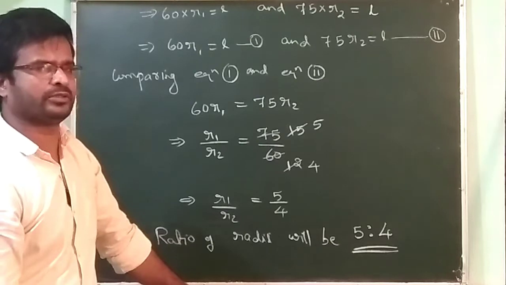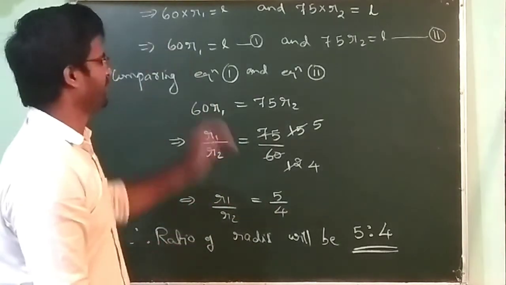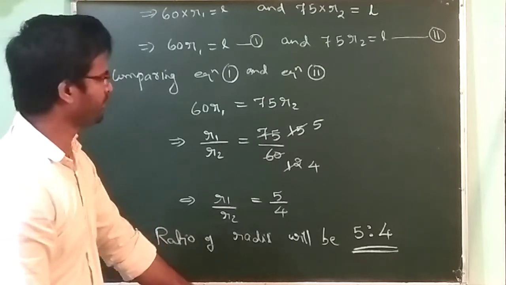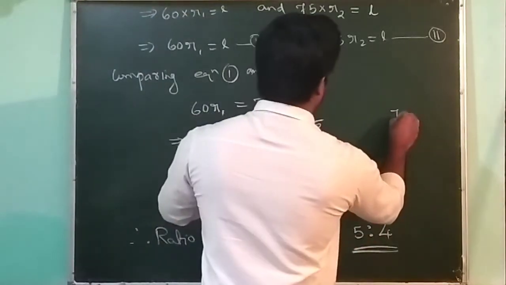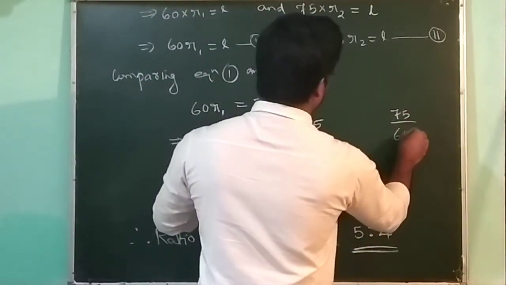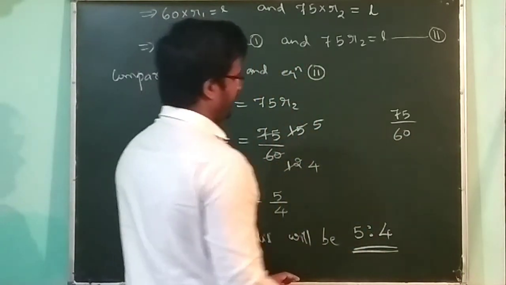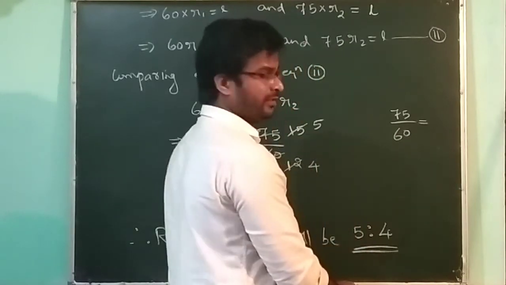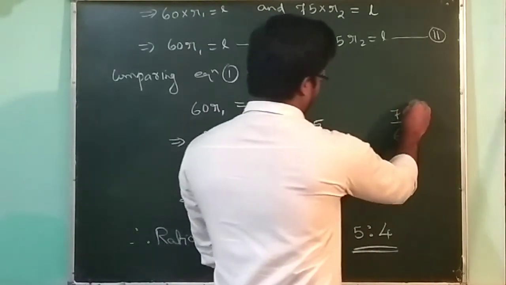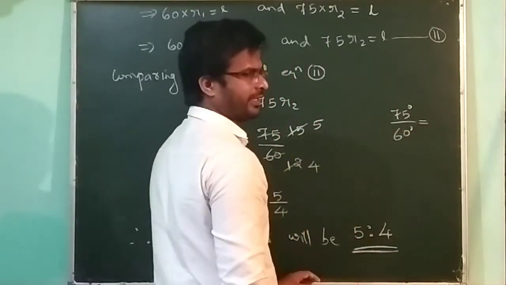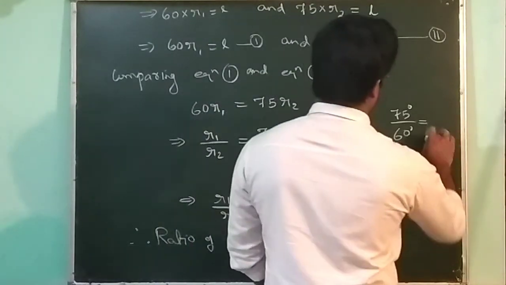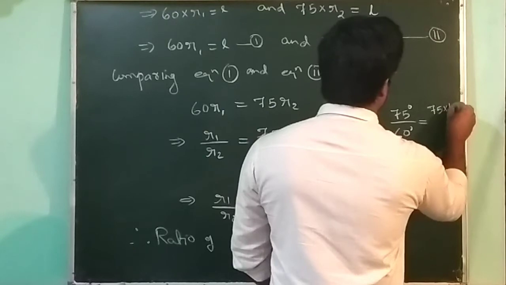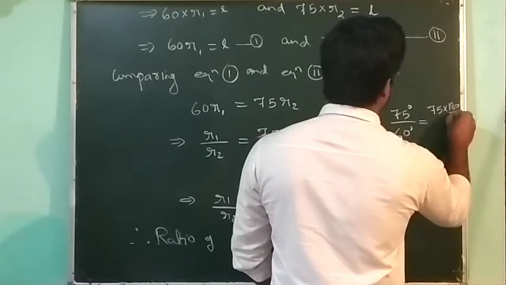Then I told you not to use radian measure here, no need; we can use degree measure. What is the reason? Look, 75 divided by 60. The 75 degree we can change to radian measure: 75 into 180 divided by pi.